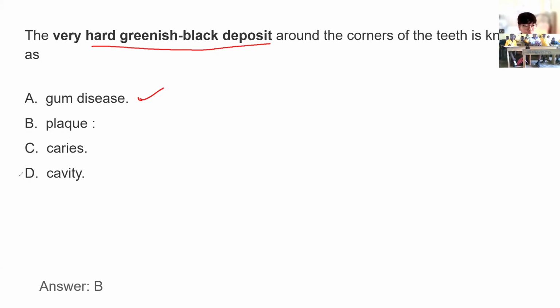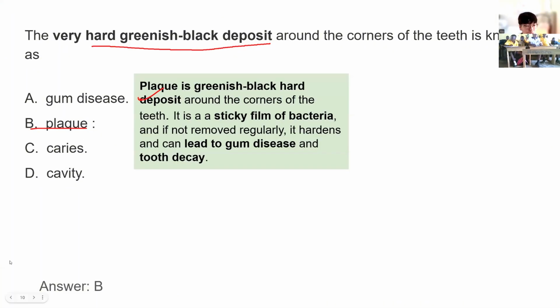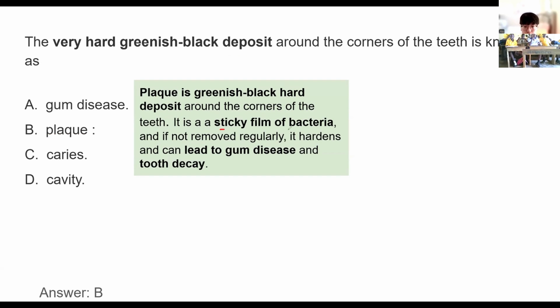So plaque is a little bit more specific. Plaque is this greenish black hard deposit around the corners of your teeth, and it is a sticky film of bacteria. If you don't remove the plaque regularly, it hardens and can lead to things like gum disease and tooth decay.